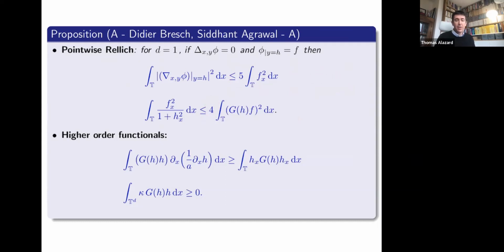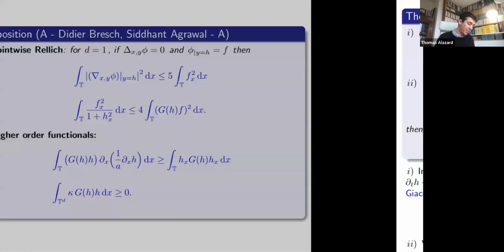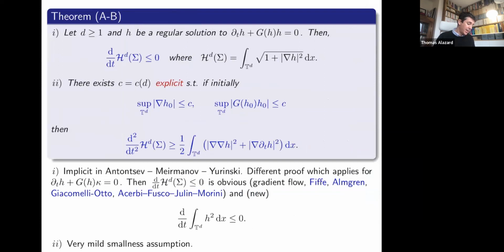And we also obtain some higher order functionals, namely these two inequalities, which are functionals related to the H3 norms. Okay, these are some examples. And another example is an inequality obtained with Didier Bresch, and I will finish here. With Didier Bresch, we prove that the perimeter is a Lyapunov functional in any dimension.